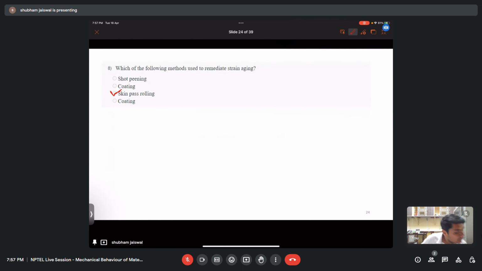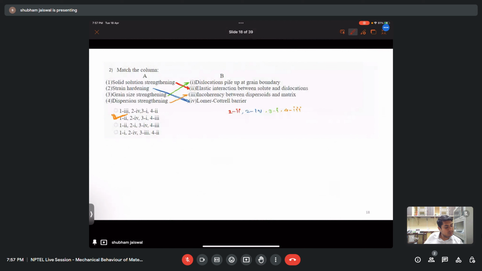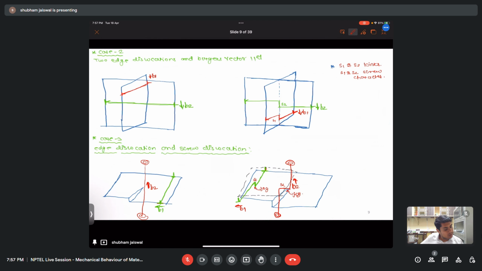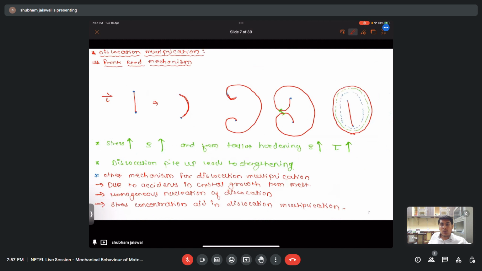So here, if we come to the quick recapitulation, dislocation multiplication, you can see that we will get it due to the Frank-Read mechanism.